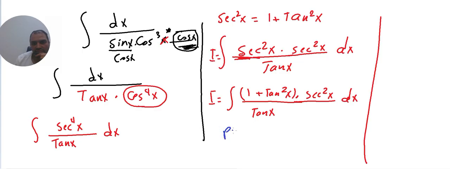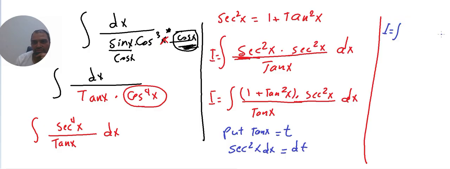So we put tan x equal t, and sec power 2 x dx equal dt, the derivative of tan. Then the function becomes 1 plus t power 2 over t, dt, where tan x equals t.